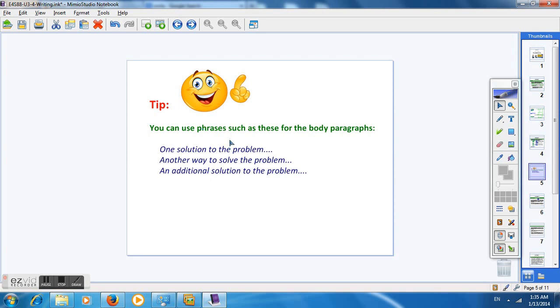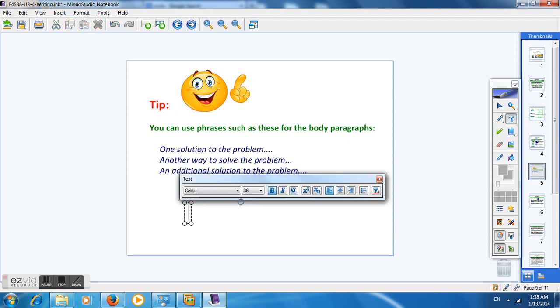You can use phrases such as these for body paragraphs, like one solution to the problem. So that will be in your first paragraph. Then you can write another way to solve the problem, and an additional solution to the problem. And the last part is always lastly. Or you can have finally.